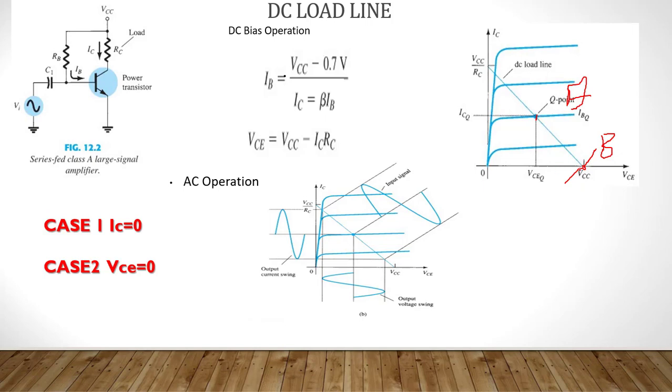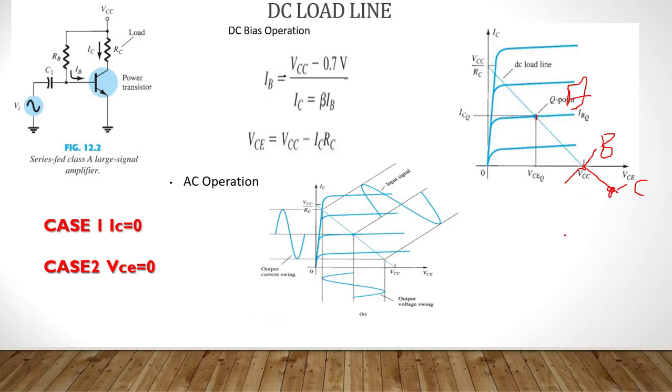Class B means the Q point should be at 0 of IC, with VCE at maximum. And class C means the Q point is after the 0, somewhere in the negative value.